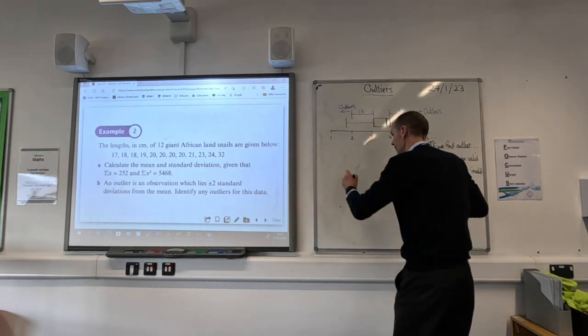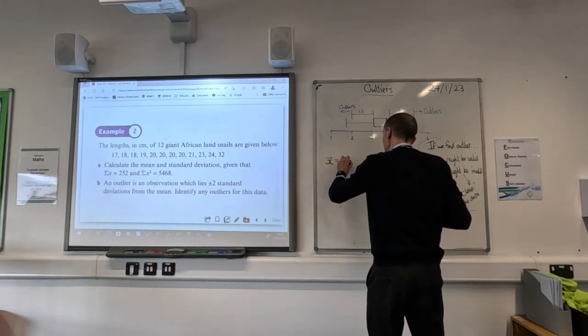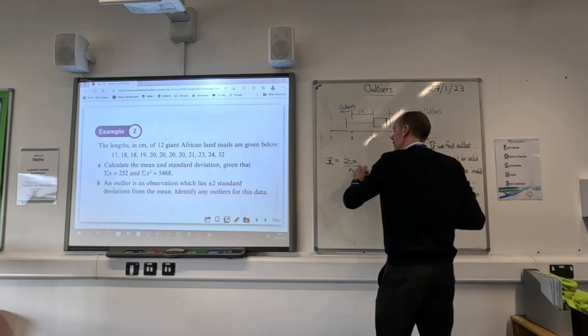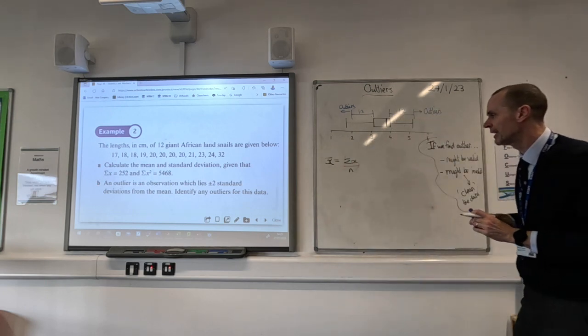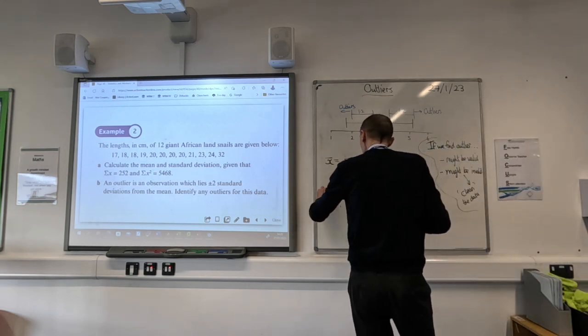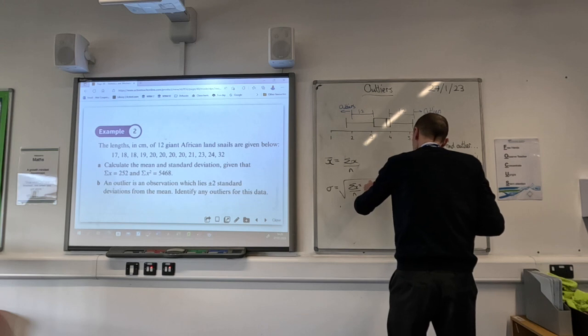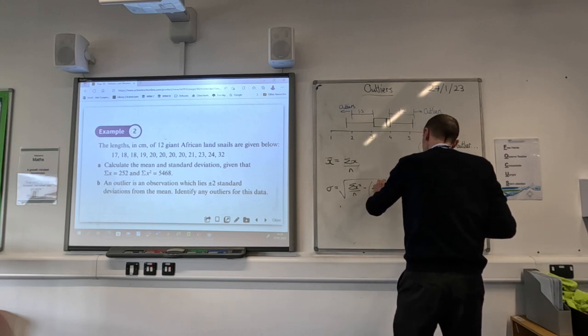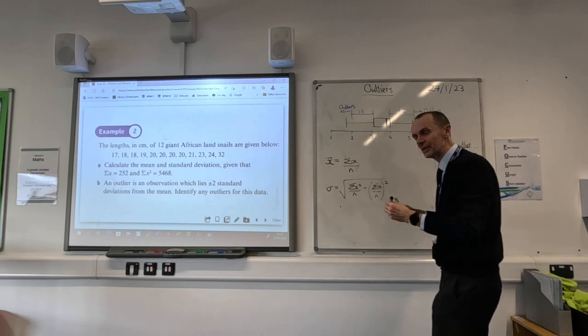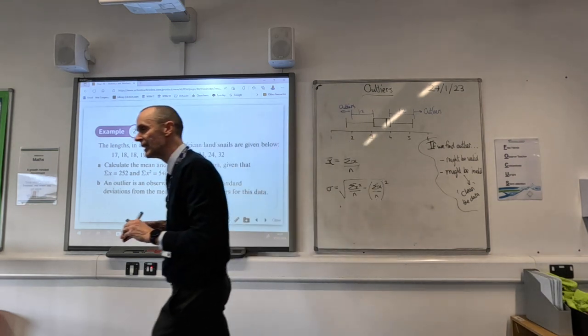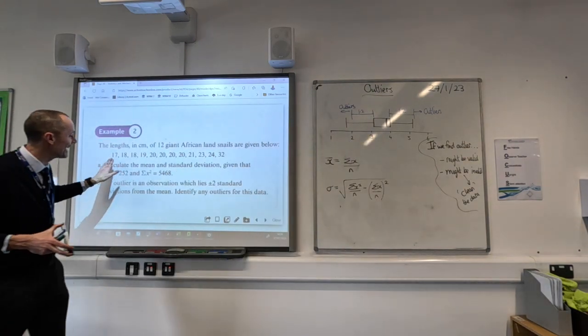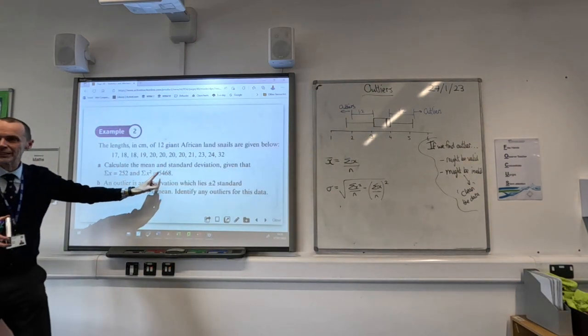So we can work out the mean, that's all the values added up divided by how many values there are. And we can work out the standard deviation. So this is a good revision for finding the mean and standard deviation. You don't need to do any adding up because they've given us the values here already.